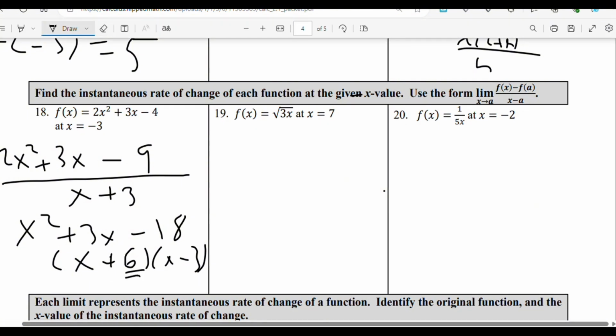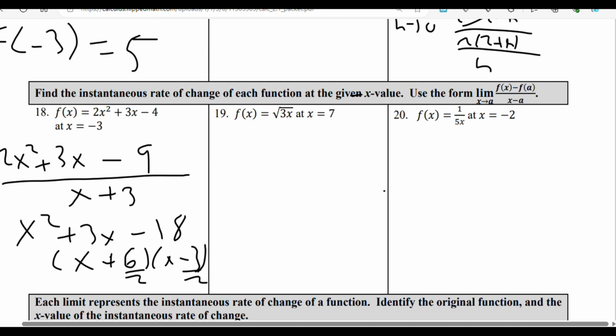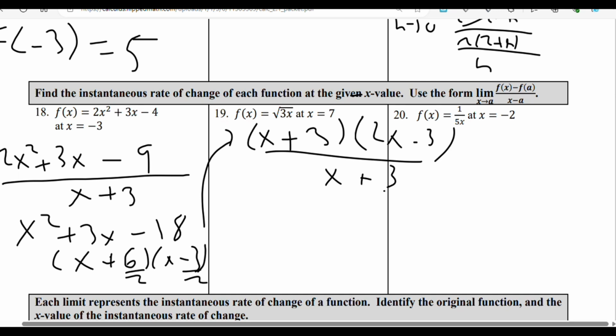Divide this by 2, right? Since we did multiply negative 9 by 2. So 2x minus 3 over x plus 3. That cancels. That cancels. And so we have 2.